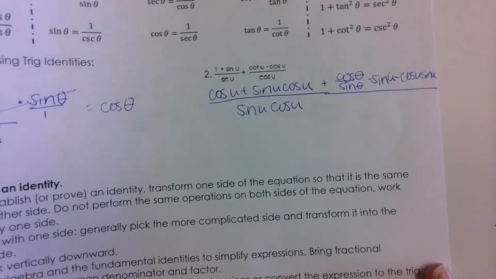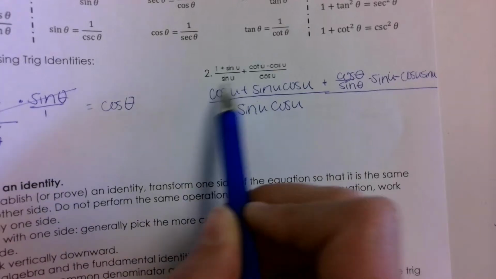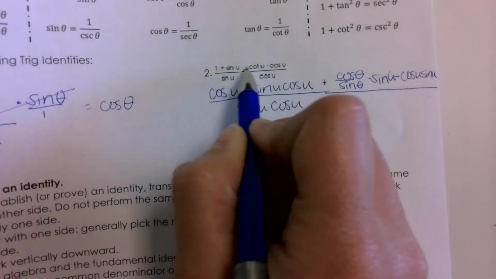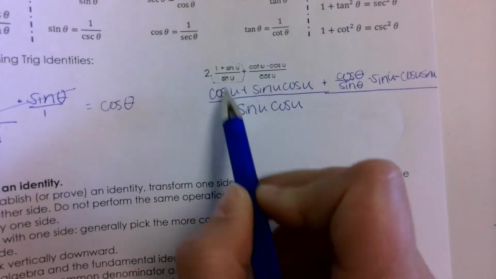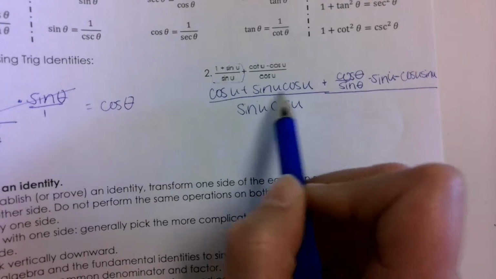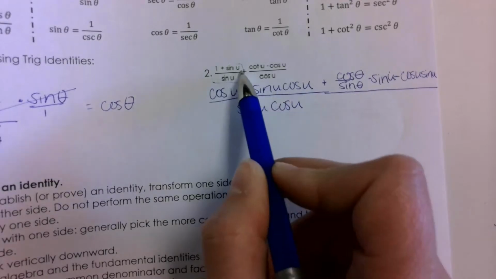Do we have questions so far? So we got to get common denominators, right? So multiply the whole first fraction right here by cosine. So that's why we have cosine times 1 is cosine. Sine times cosine is sine times cosine. Is that okay? The u is just the angle measure that they're using instead of like theta or x.